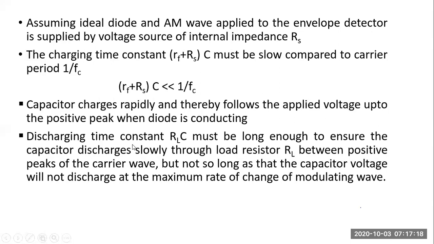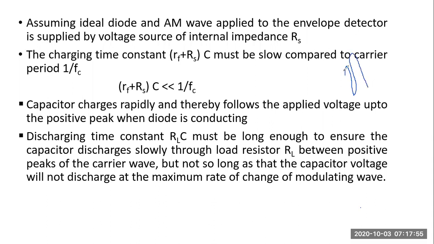Okay. Next comes the discharging time constant. Remember, the capacitor discharges through the resistance RL because the diode will be off at that point of time. So this discharging time constant should be long enough to ensure that the capacitor discharges slowly. We don't want the capacitor to discharge along with the carrier. So remember, once it reaches the peak, the carrier will fall suddenly like this until it goes to the next higher peak.